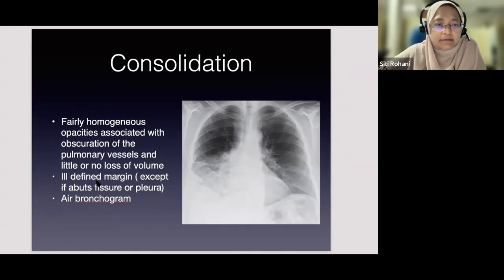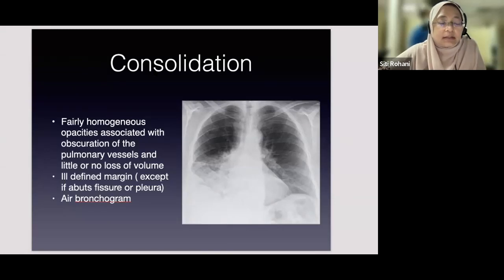The margin is ill-defined except when it abuts the pleura or fissure, which gives a very well-defined boundary. And the classic finding is the presence of air bronchogram.